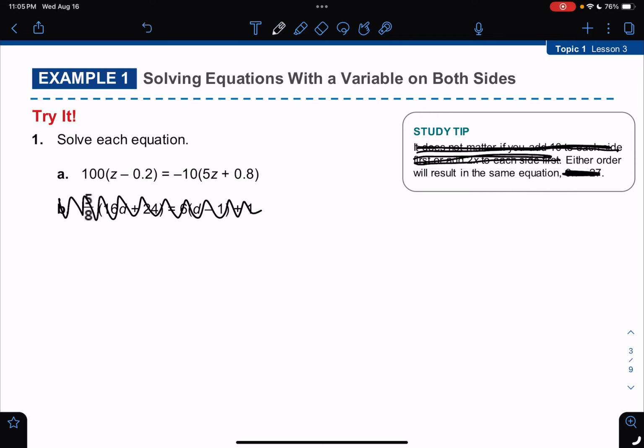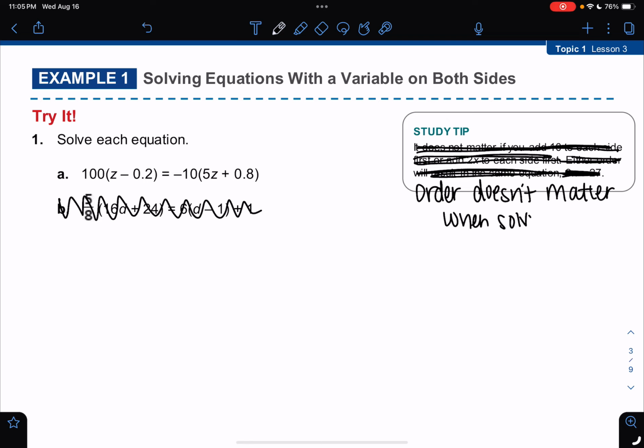So put that on there, a study tip: order doesn't matter when solving equations. Just remember, and just write this somewhere on your paper, to keep the equation balanced.